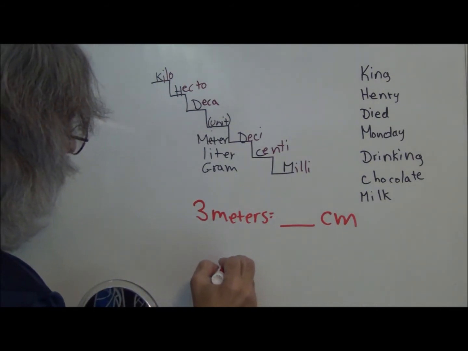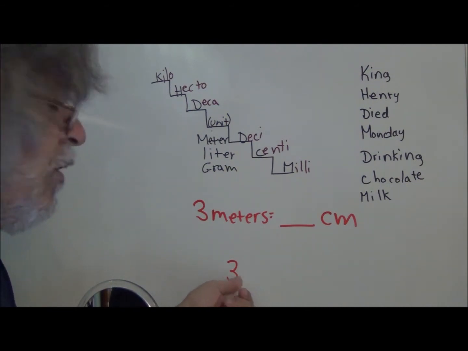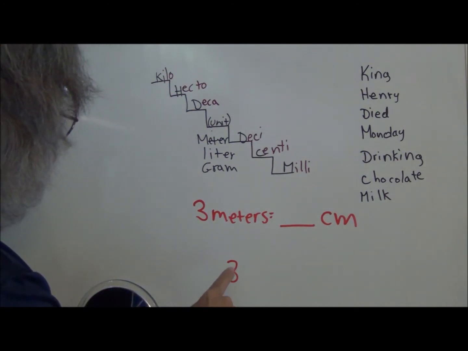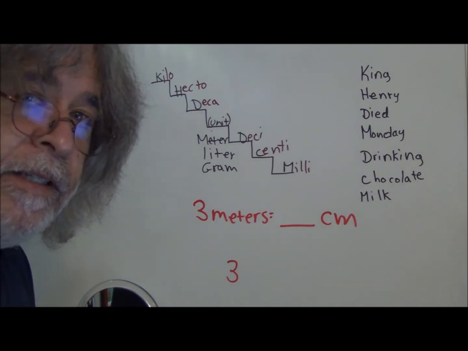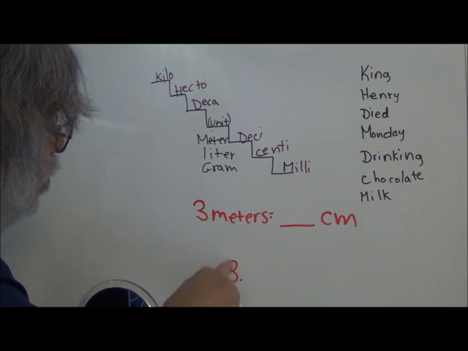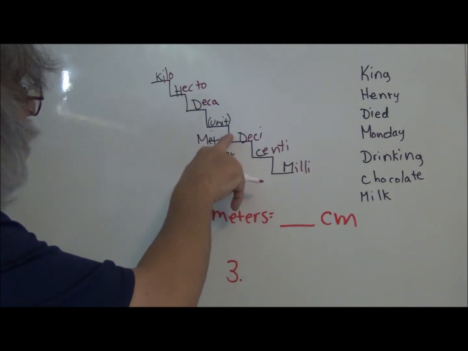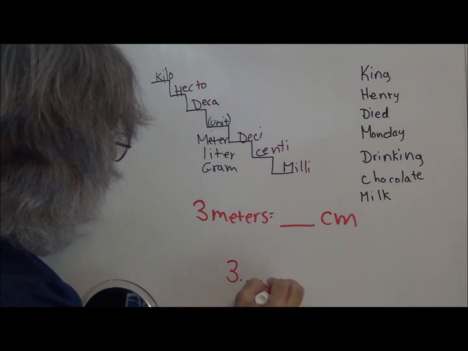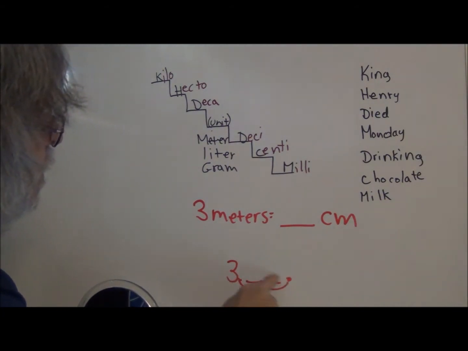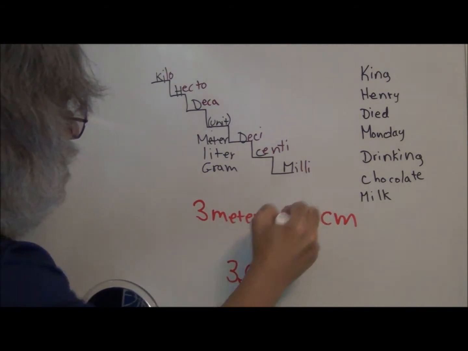So if we got the number 3, I need a decimal point to work with. But if I start out with a decimal point, it still has to be 3. So if I put the decimal point here or here, it makes a difference. So if I want it to still be 3, it has to be on the right side because that is the ones place. So that's 3 right there. And from meter to centimeter, I have to go over 2 spaces. 1, 2. Okay? 1, 2. Now the decimal point's going to be there. I have to stick zeros there. So 3 meters is equal to 300 centimeters.